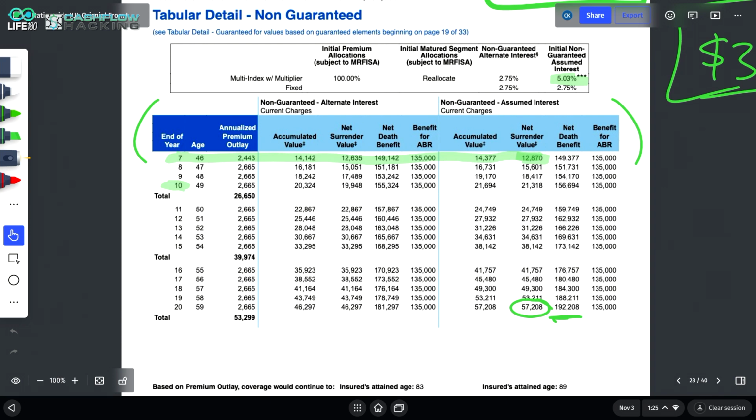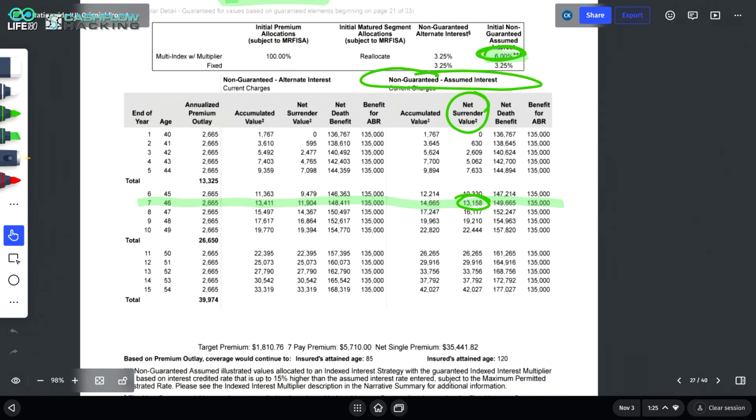So what we look at here is the net surrender value and what the projections are on the current. I want to go back and compare to the original, okay? You could see at year 7, like I just said, there's only a $300 difference.